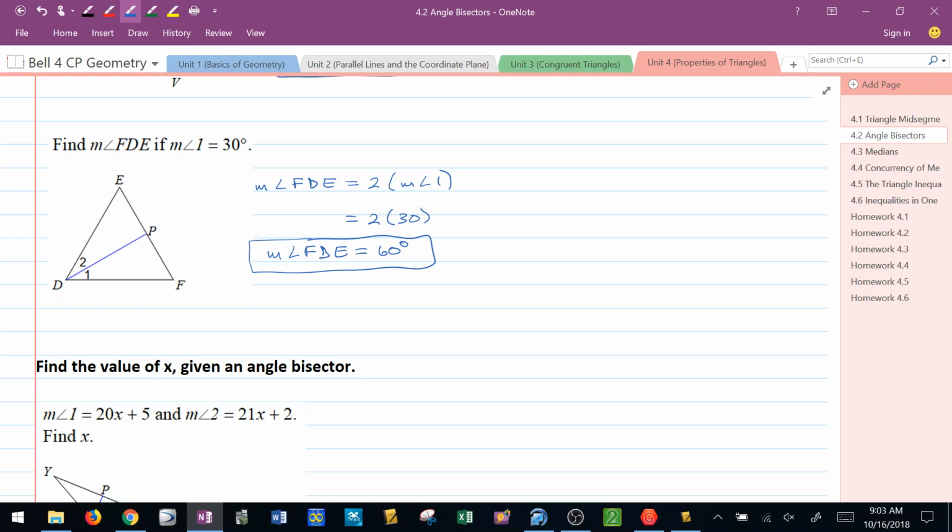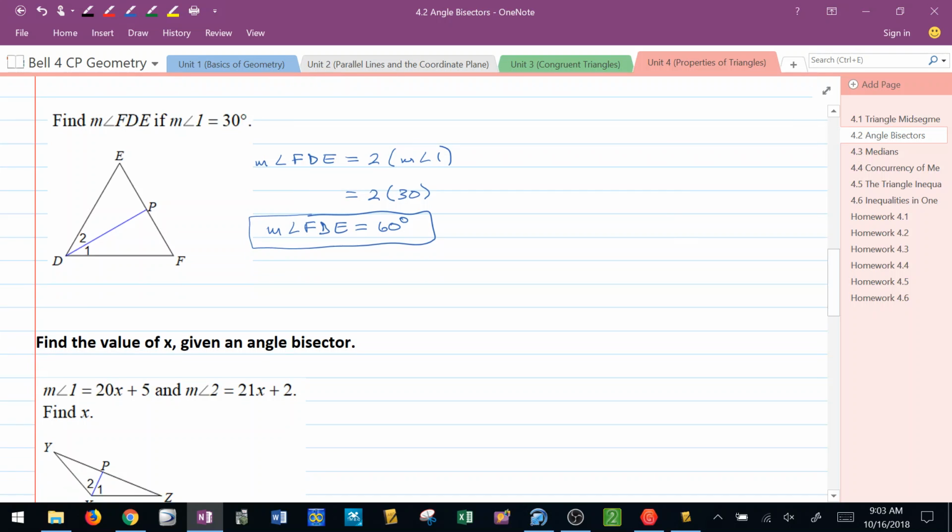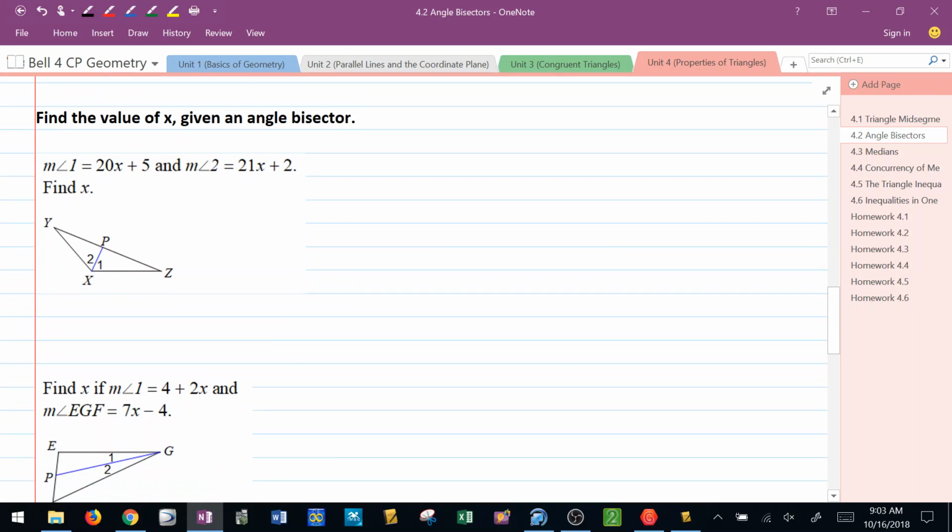So now let's bring the algebra into this geometry scenario of an angle bisector. All right, in this first scenario, it's all based on the given information, they give me angle 1 and angle 2. I look at the picture, I know that the measure of angle 1 has to equal the measure of angle 2. They want me to find x.